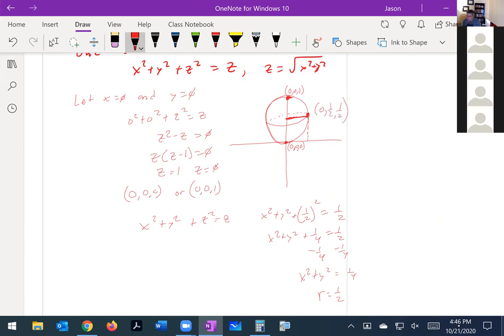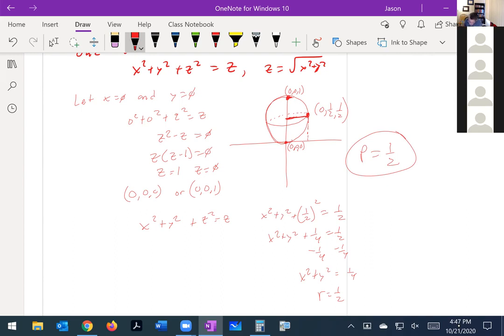That makes sense that the radius of the sphere would be 1/2, right? So what is rho? We just figured out what rho was. Isn't rho 1/2? It goes from 0 to 1/2. Okay, so what about the cone? What about the cone here?